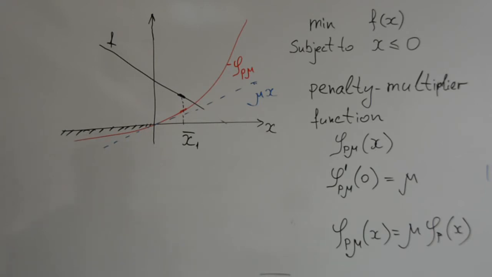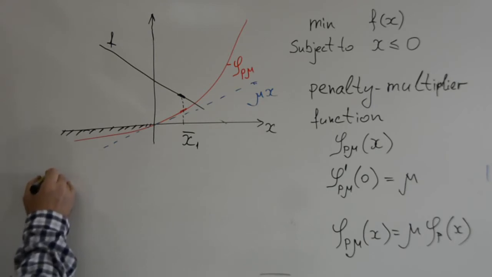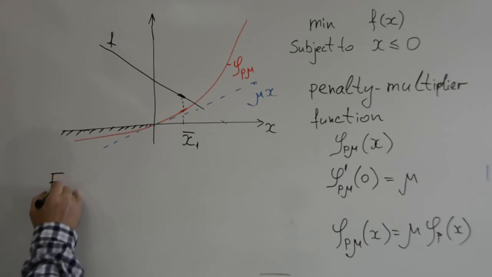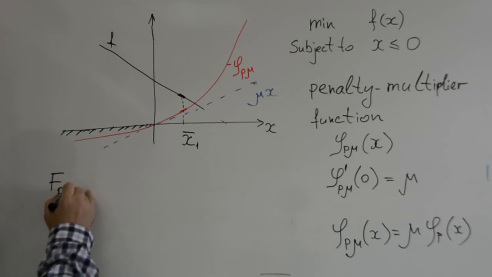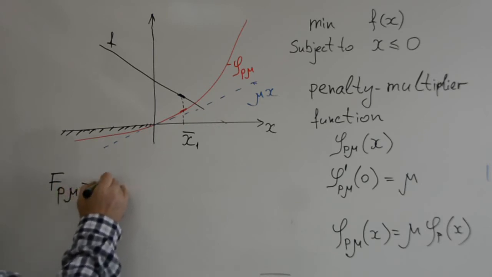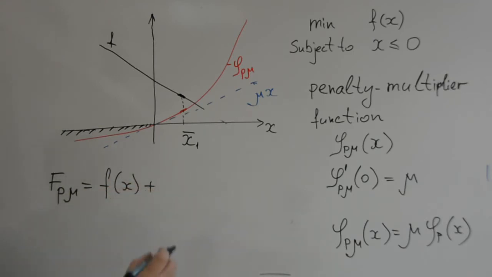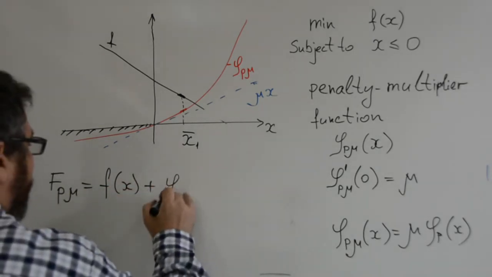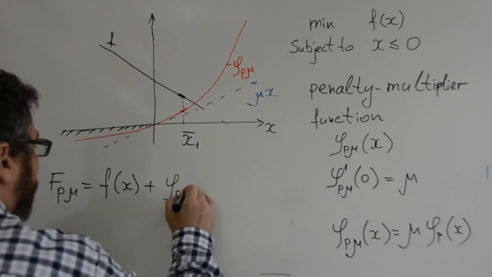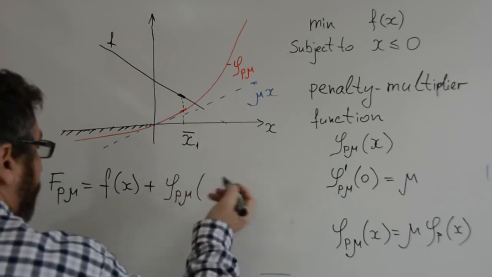Again, what is our penalty aggregate? It's f p, we have one more parameter, mu. It's f of x plus phi p mu of x.